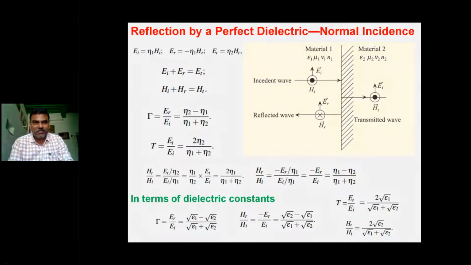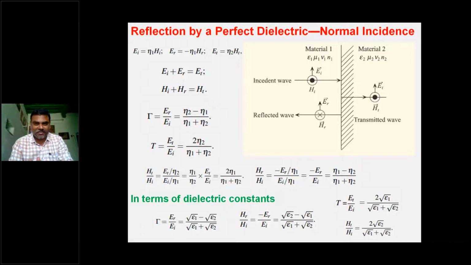Similarly, for reflection by the perfect dielectric, there is some amount of transmission, and here Ei is given in terms of η1 Hi, and Er is given in the same media as minus η1 Hr, and Et is for the second media, η2 Ht.